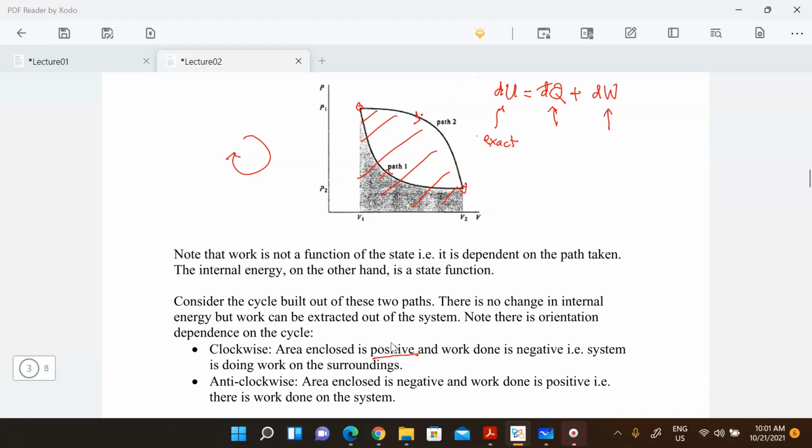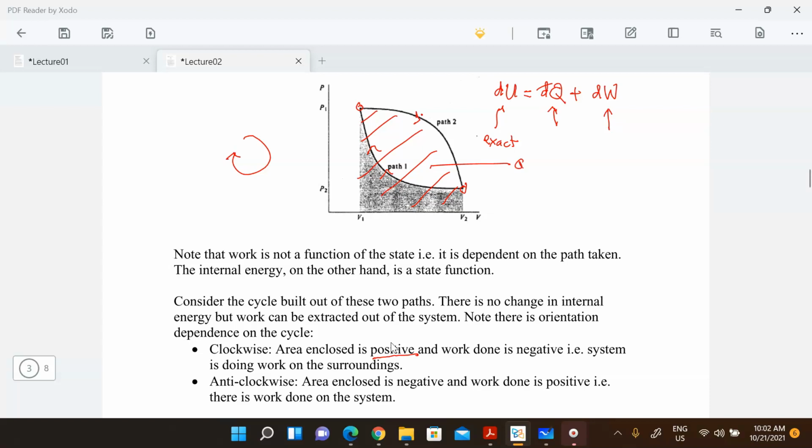This red one is the area under path 2, right? Now the area under path 1, if it goes this way, then this area is positive. But if I go the other way, then I have to minus this area. So this one minus that area is a positive area.